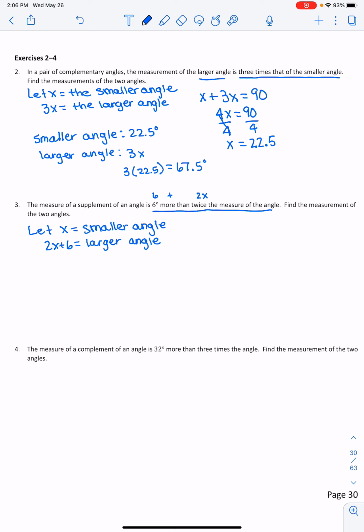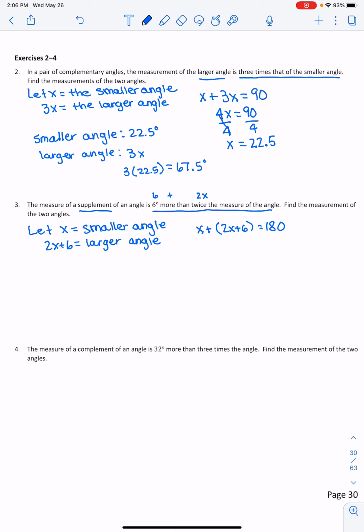Now, because it's supplement, that means it's going to add up to 180. So we're going to add these two together. So x plus, and we have to put it in parentheses, 2x plus 6, because it's an angle and we want to have the whole thing together, equals 180 degrees.